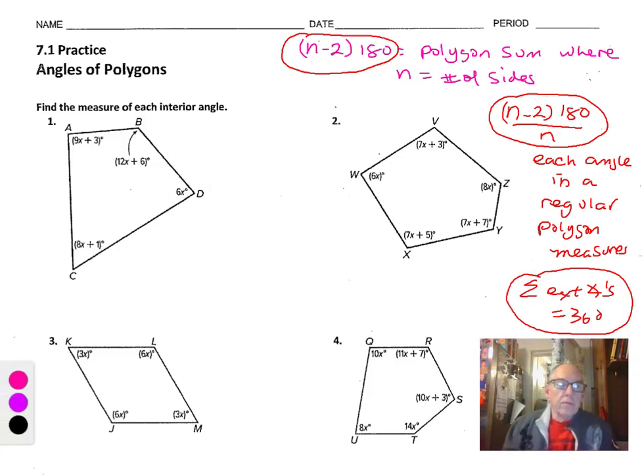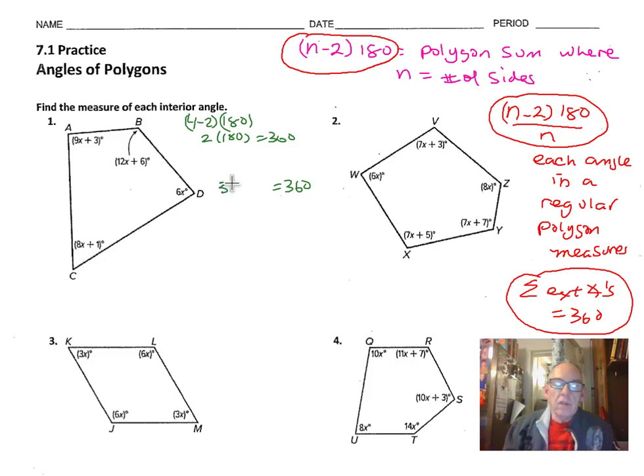So for number 1, we have a 4-sided figure. So 4 take away 2 times 180 is 2 times 180, which is 360. So these are going to add up to 360. Add the x's in like terms. 12 and 9 is 21, and another 6 is 27, and another 8 is 35.